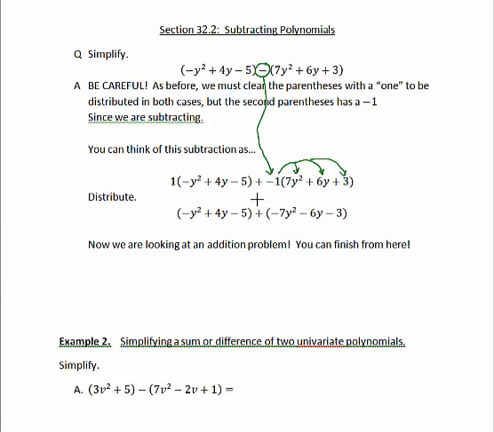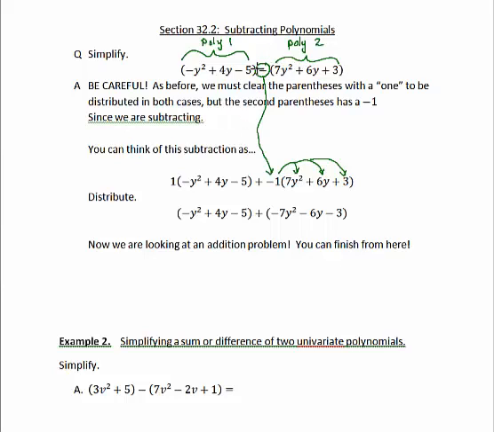And so we can easily turn the subtraction of two polynomials, which we're considering this first set, the first polynomial, and this second set of parentheses, the second polynomial. And then in the center we have subtraction.